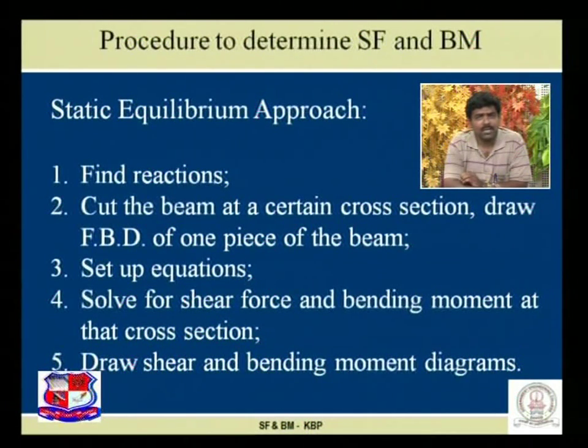In all three cases, the number of unknowns is 3, meaning three reactions are unknown. We can easily use the three equilibrium conditions, that is sigma H equals 0, sigma V equals 0 and sigma M at any particular point equals 0. Using these, we can easily determine the reactions.